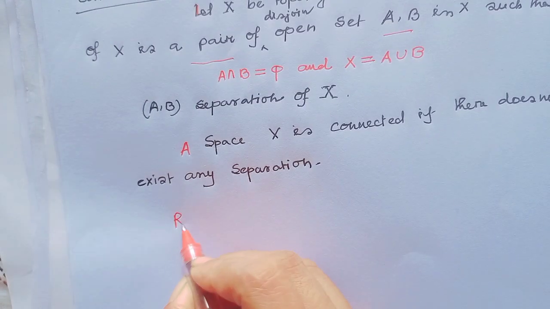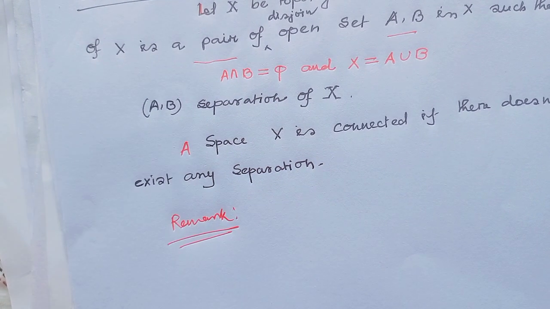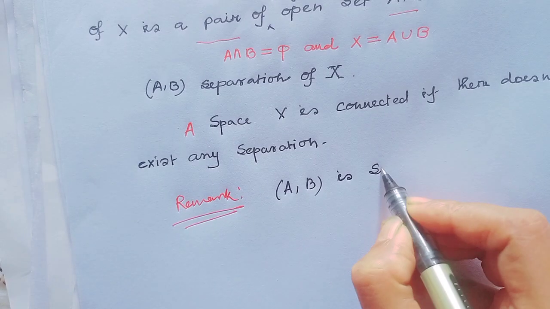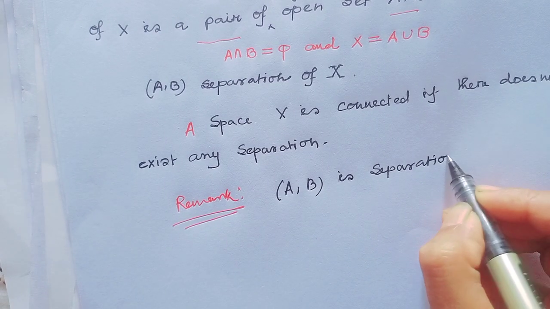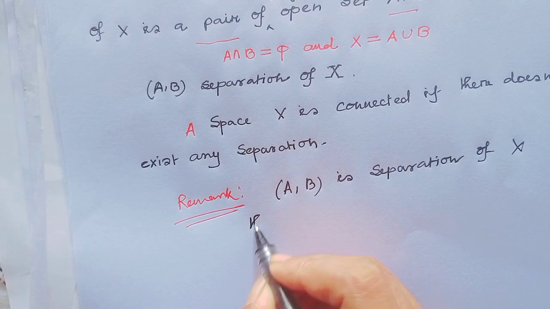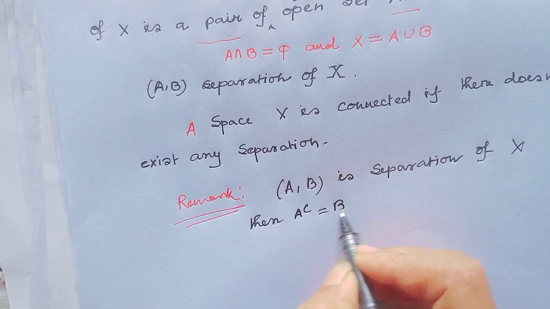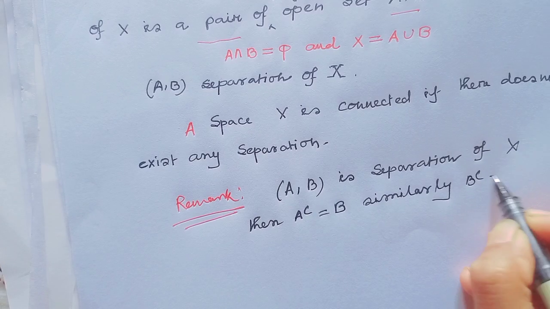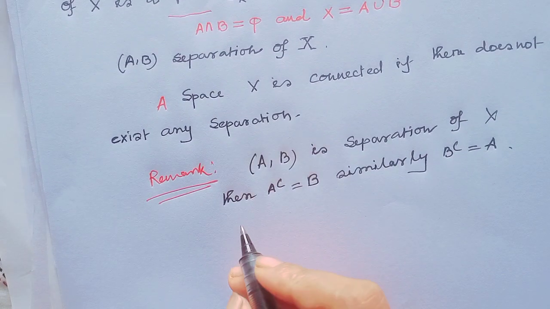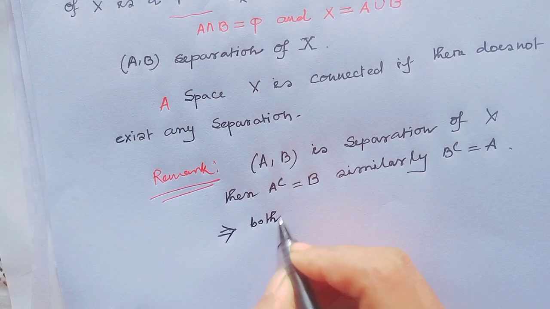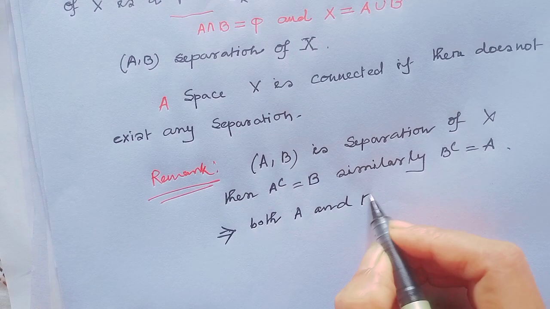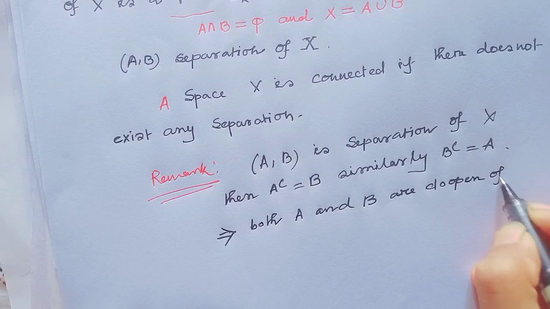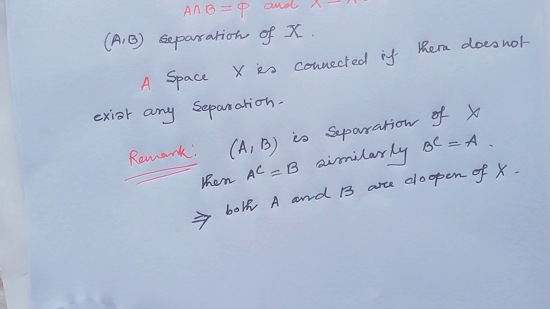And there exists a nice remark. If A and B is a separation of X, then A complement equals B. Similarly, B complement equals A. Then both A and B are clopen in X. I hope all viewers have understood.